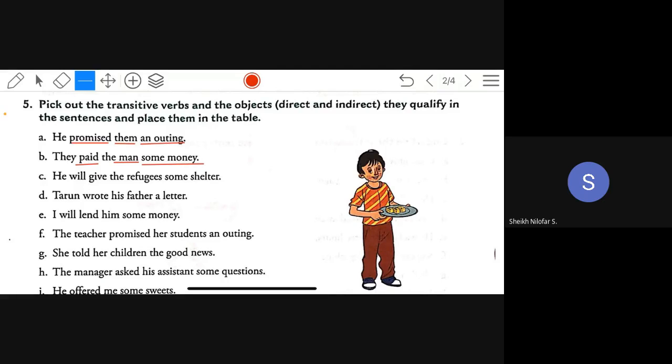Give is the verb. Refugees is the indirect object and some shelter is the direct object. Very good. Number 4. Wrote is the verb. Father is the indirect object and a letter is the direct object. Excellent.